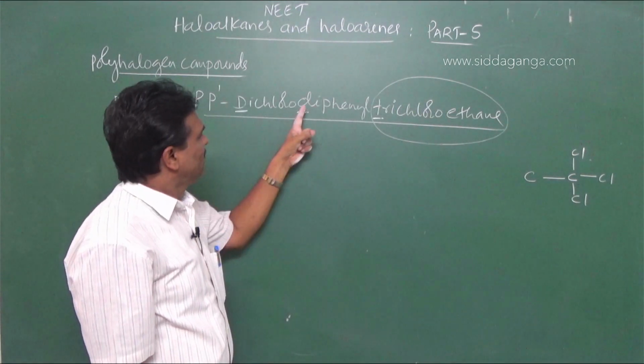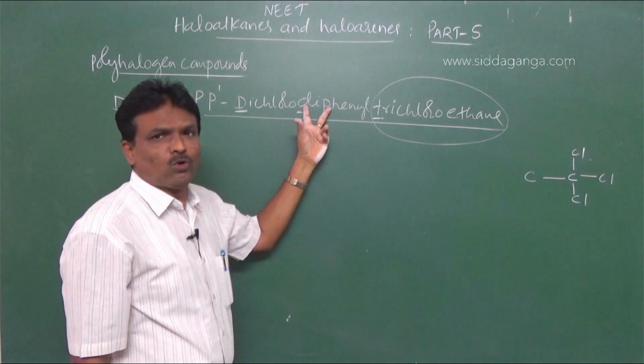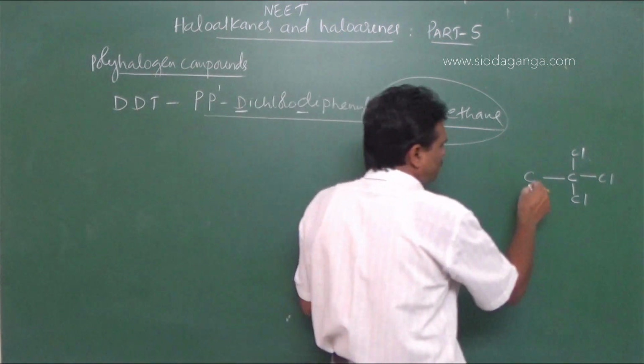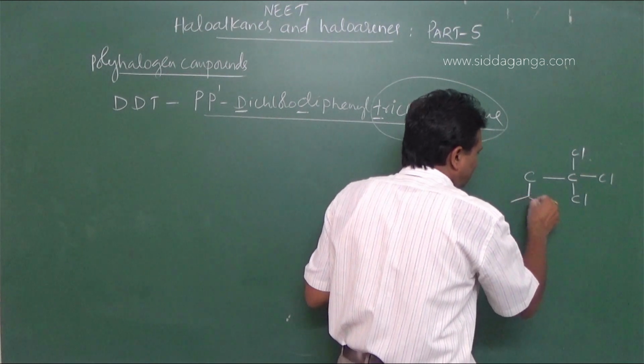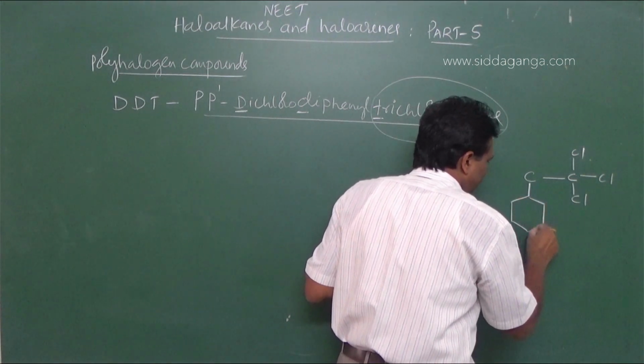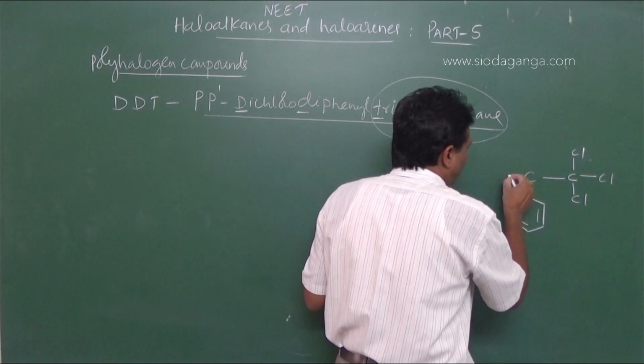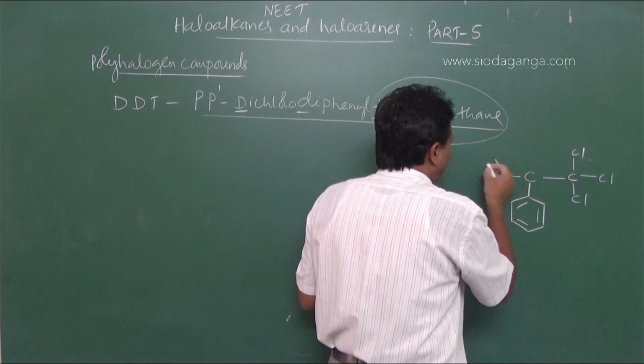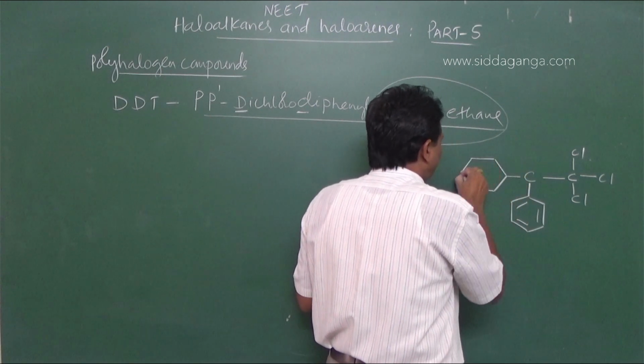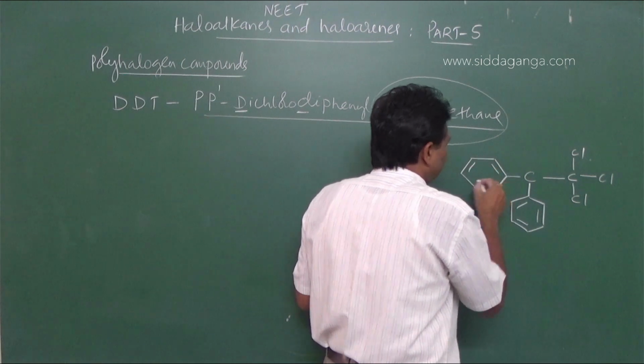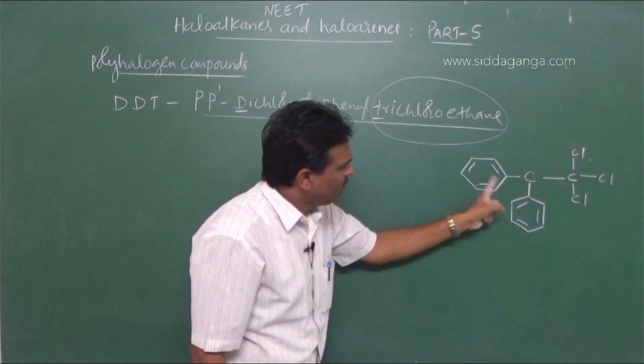Next one is diphenyl. There are 2 phenyl groups. This is one phenyl group. This is another phenyl group. This is diphenyl.